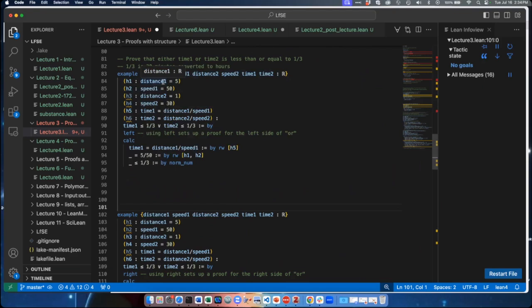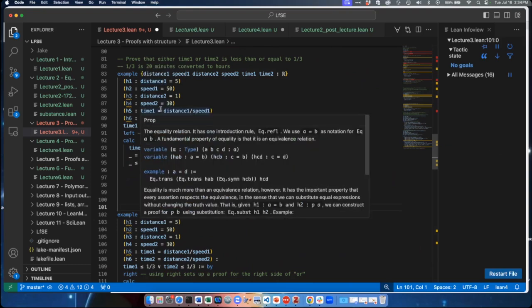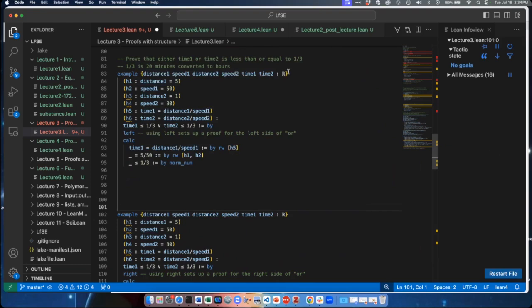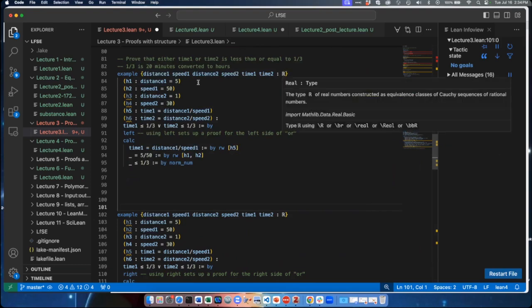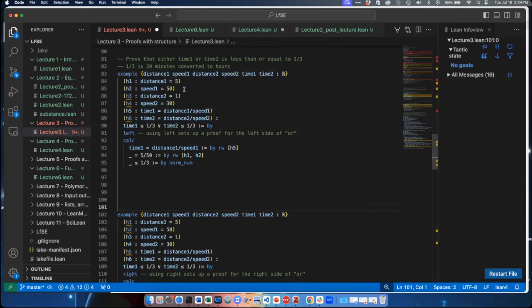Distance 1 is not at all related to distance 2 in the sense that they're both distances. Distance 1 and time 1 are both real numbers, and there's no sense of units. We had a question about units. There are a lot of ways to make this better, but we're just illustrating what or looks like.